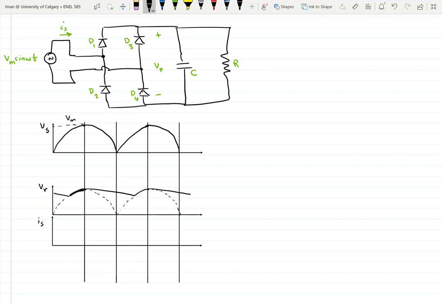And i_s, which is the current, would be something like this. As you can see, the current i_s is either 0 or it's on at a very short time. And during this time, a lot of current with a high peak current gets passed through these diodes D1, D2, D3, D4 based on which one is conducting at that moment.